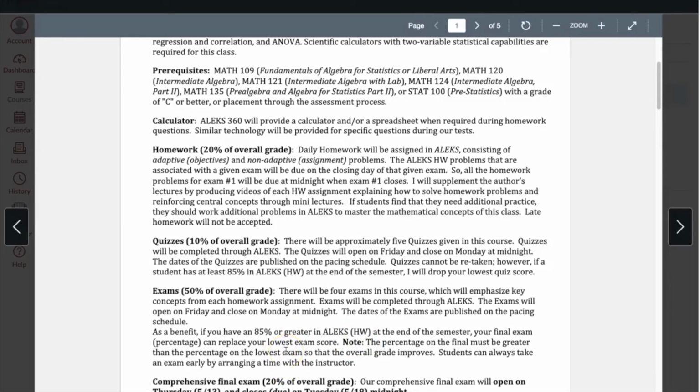And of course, that's as long as that's beneficial. I'm not going to replace a higher test with a lower final. But if you have 85% or greater from your homework, you have 2 nice benefits from that. I guess we'll call it the 85% rule at the end of the semester.